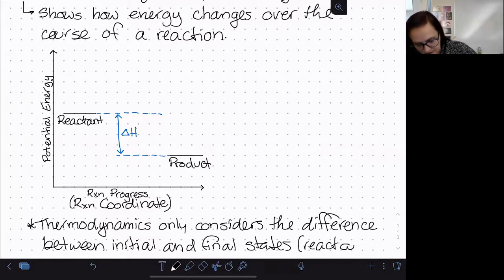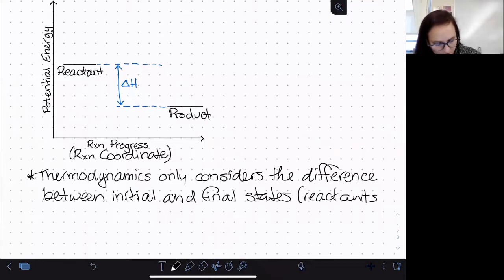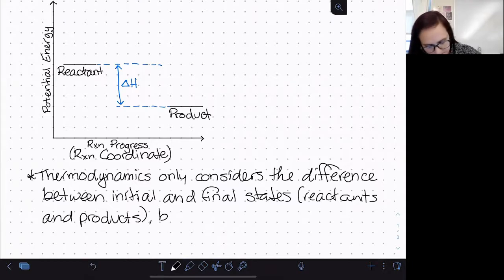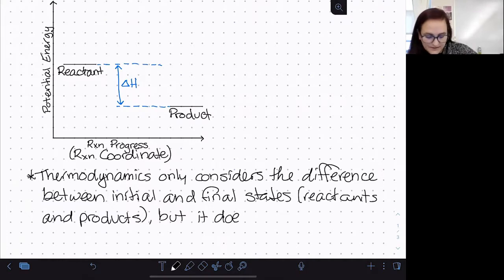Again, those initial and final states in the context of a chemical reaction are our reactants and our products. So that's all that thermodynamics is considering, the difference between where we started and where we end up, but it doesn't consider what happens in between.